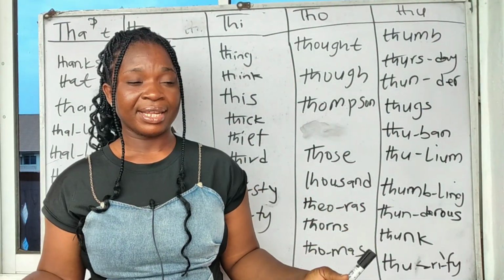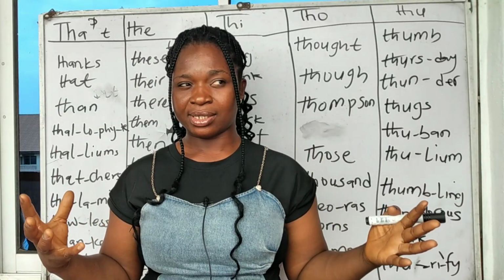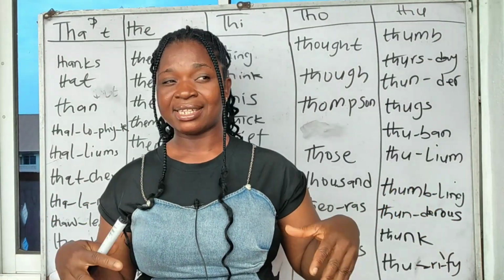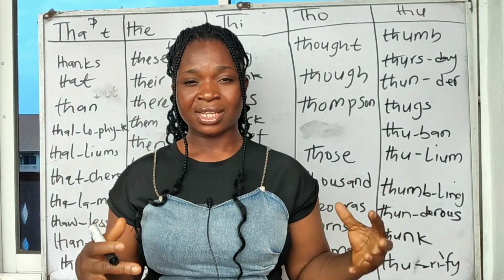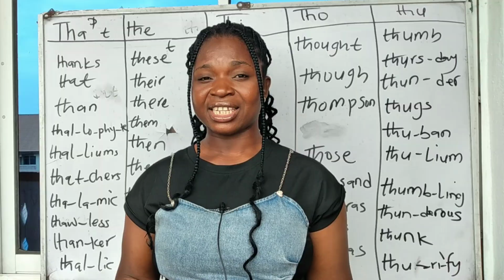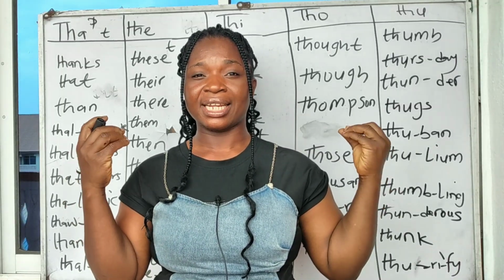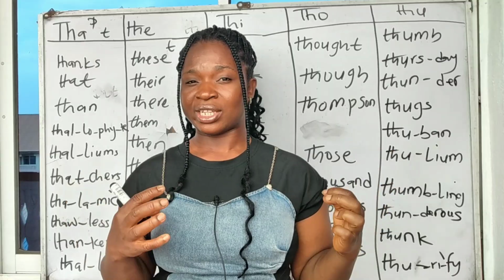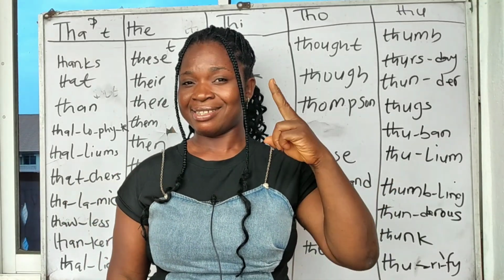In the past 2 months or so, we've been focusing on spellings, writing, and pronunciation, because for you to know how to read, write, or speak English, it starts with you knowing the letters of the English language firstly, then the combination of those letters to form sound, that is second.